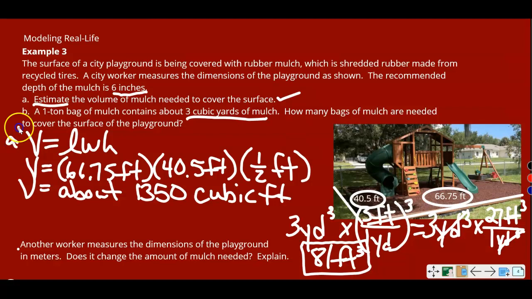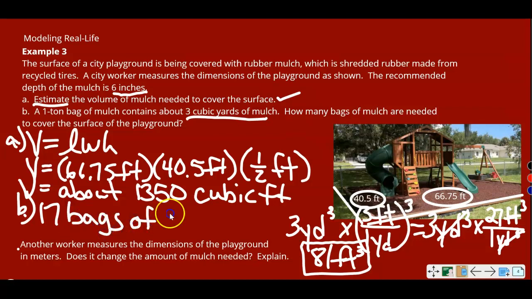So this is part A. And part B is 17 bags of mulch. At the bottom it says another worker measures the dimensions of the playground in meters. Does it change the amount of mulch needed?